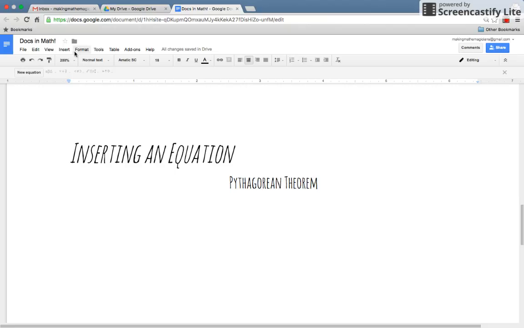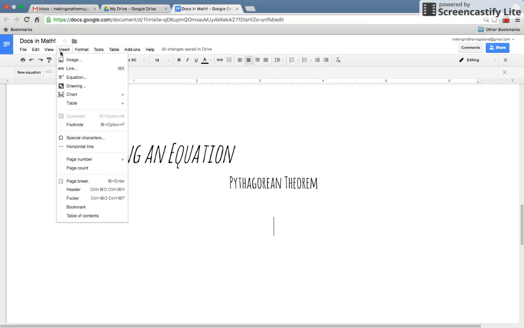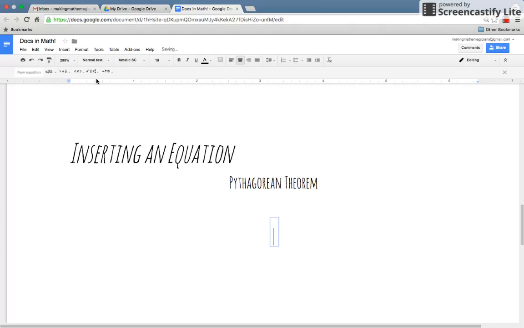So I'm just going to go right up here to my insert menu where I was before. And this time I'm going to insert an equation. So it opens up this box here. It also provides this drop down up here on the top left. So I can insert Greek letters, including pi and sigma for summation.